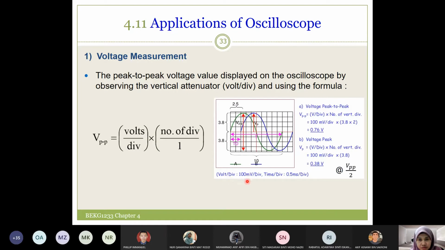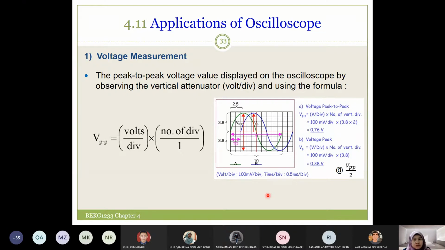The voltage per division for this signal is set on 100 millivolt per division, meaning that each vertical division represents 100 millivolts. Time per division, meaning the horizontal division, is set for 0.5 millisecond per division, meaning that at the horizontal axis, one division or one box represents 0.5 millisecond.